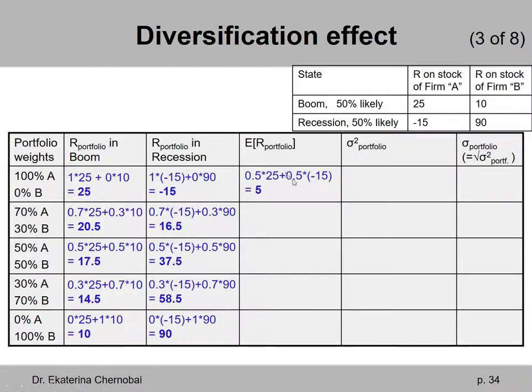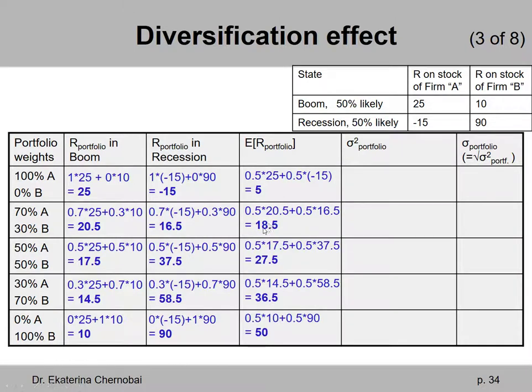Then we add the probability of the recession state of the economy, 0.5, multiplied by the return of the portfolio in the recession state. And we get 5% for the first combination or portfolio of A and B. For the other portfolios, we get 18.5%, 27.5%, 36.5%, and 50%.